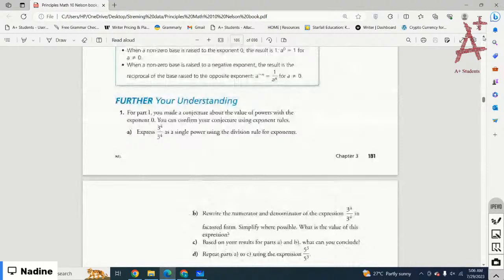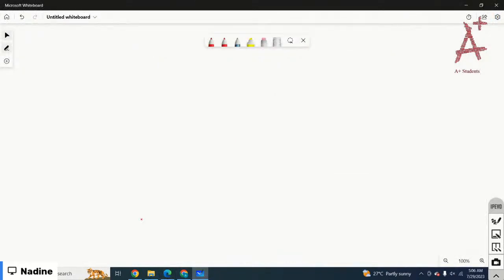Express 3^4 over 3^4 as a single power using the division rule of exponent. So you have to apply the division rule of exponent here and write it as a single power.